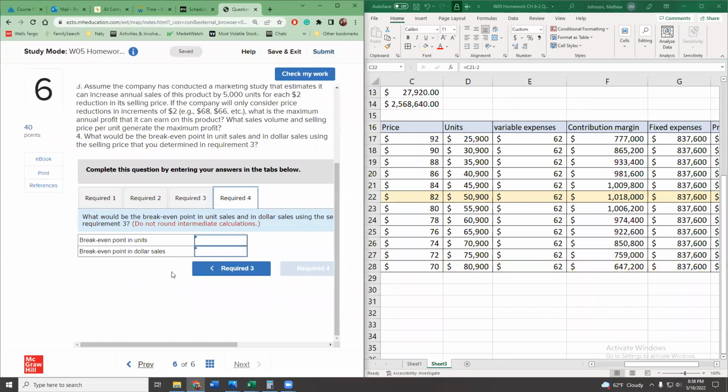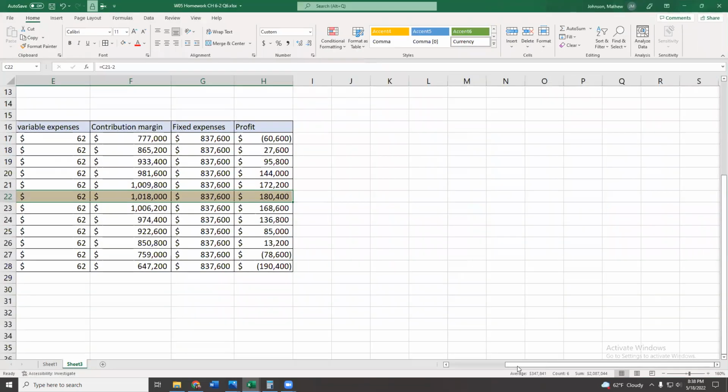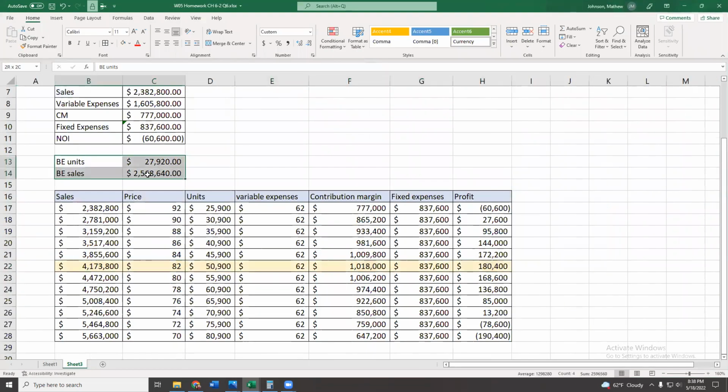Now they're asking for the break-even point in units and in dollar sales for this one right here, highlighted. So we're going to do basically the same thing we did for question 2.